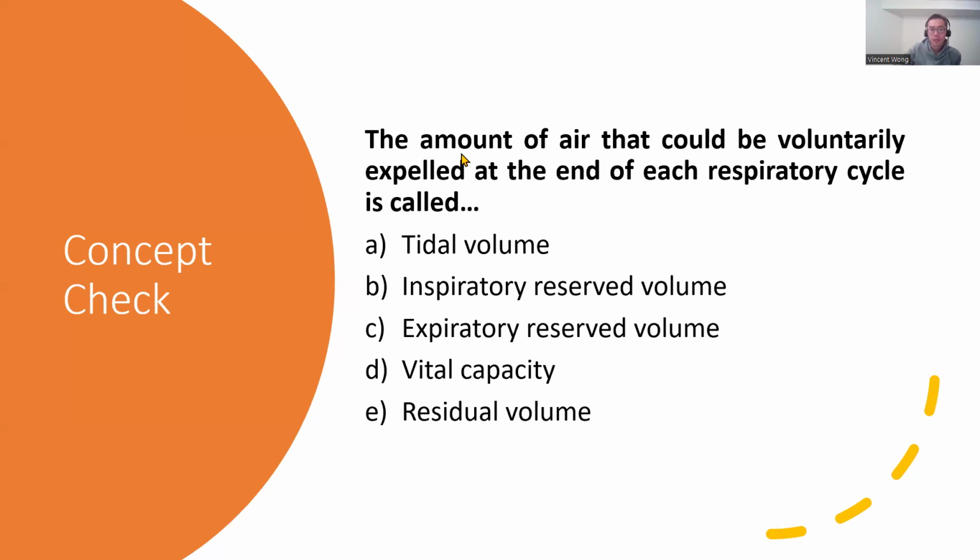Questions? The amount of air that could be voluntarily expelled at the end of each respiratory cycle. What is that? The extra amount of air that you can breathe out as much as you can. What do we call that volume?